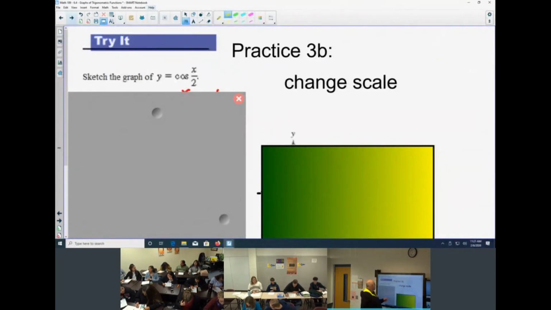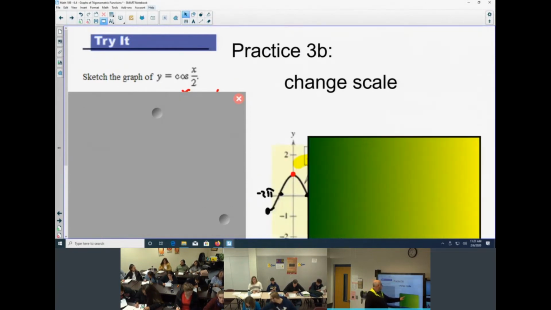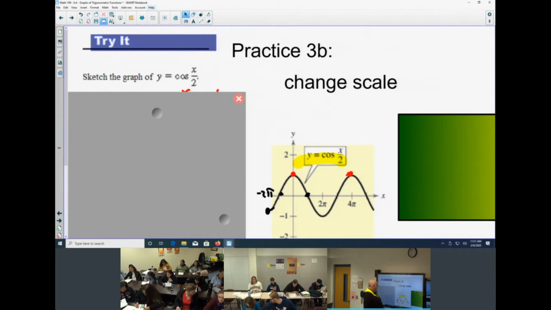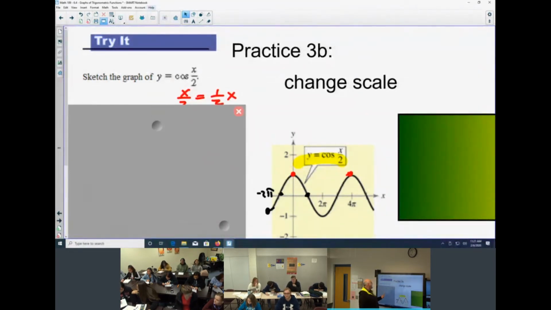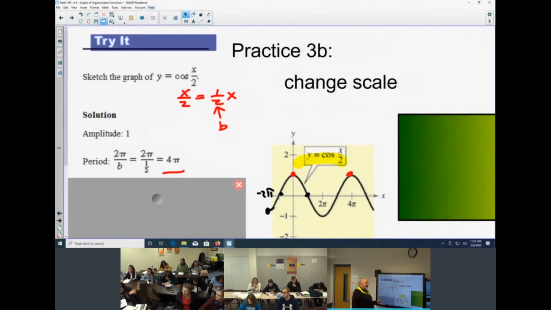Okay, so here, a couple of things. When you're doing cosine, it does not go through the origin, it goes through 0, 1. So when you're checking your graph, make sure it goes through 0, 1. Then when you draw one period, this one also has a period of 4 pi.